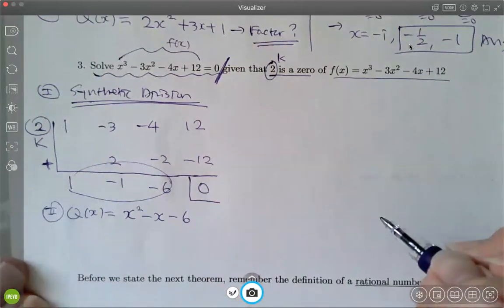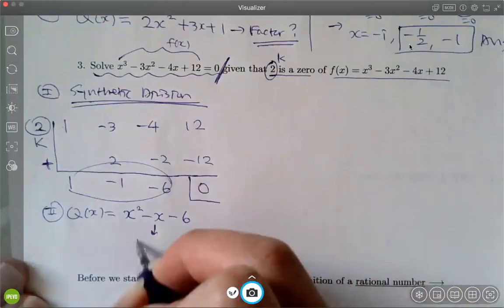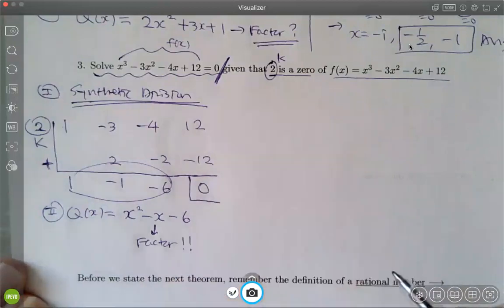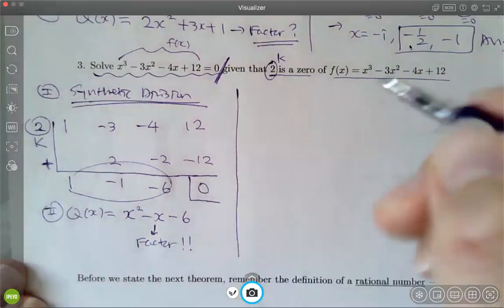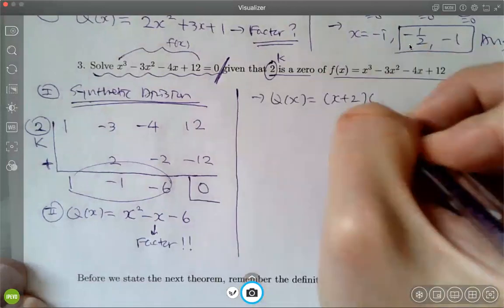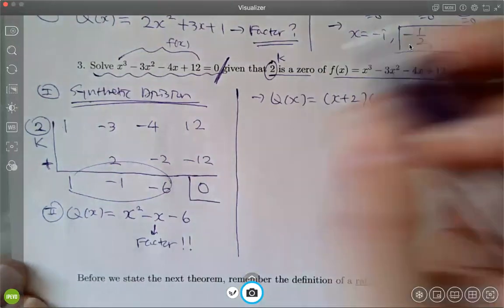Okay, and hopefully you can easily see that this can be factored, right? So what do you get? You get x plus 2 and x minus 3. And now what do we do?